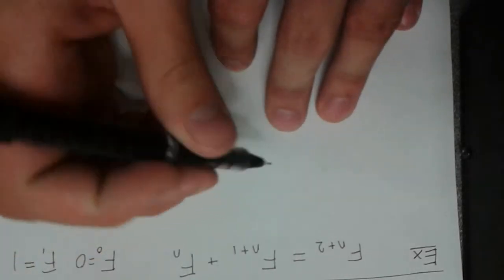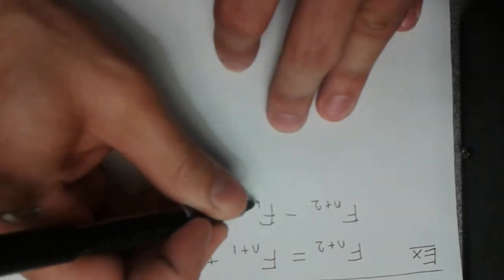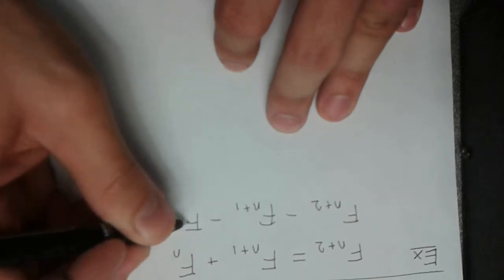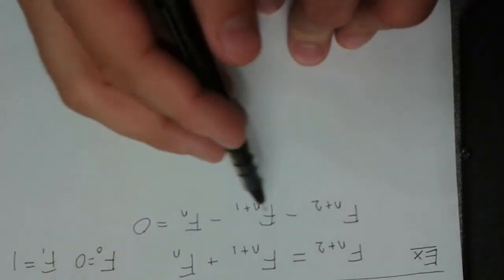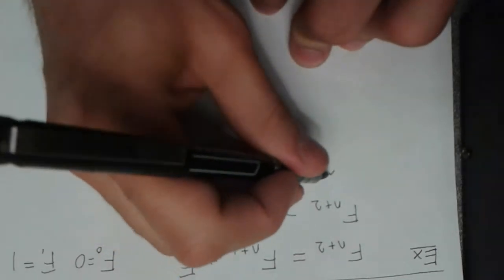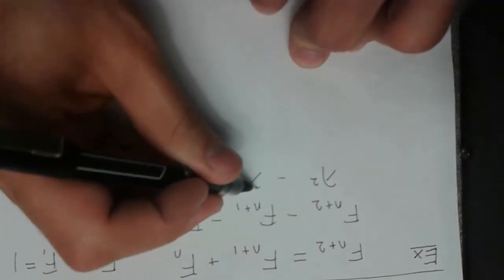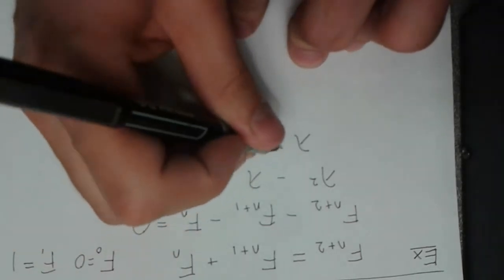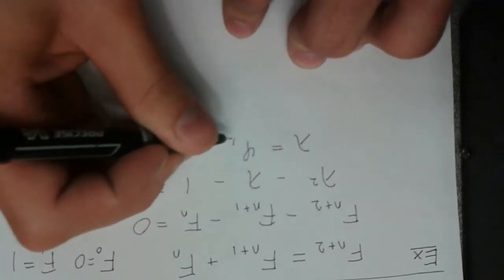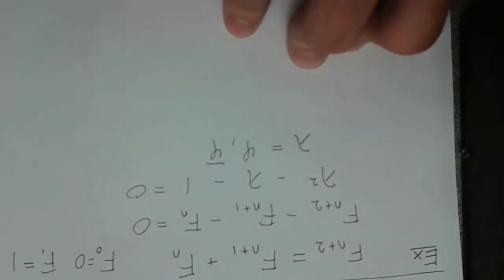So what you can do is just rearrange this. It's a lot like solving a differential equation. And then you look at the characteristic equation. A is 1, B is -1, C is -1. And what you find is that the values for lambda are just the golden ratio and golden ratio conjugate.